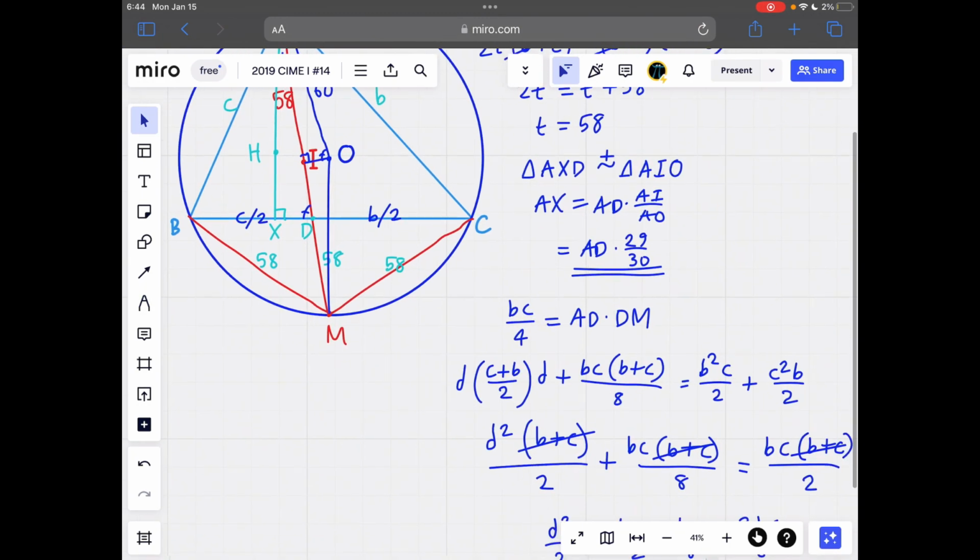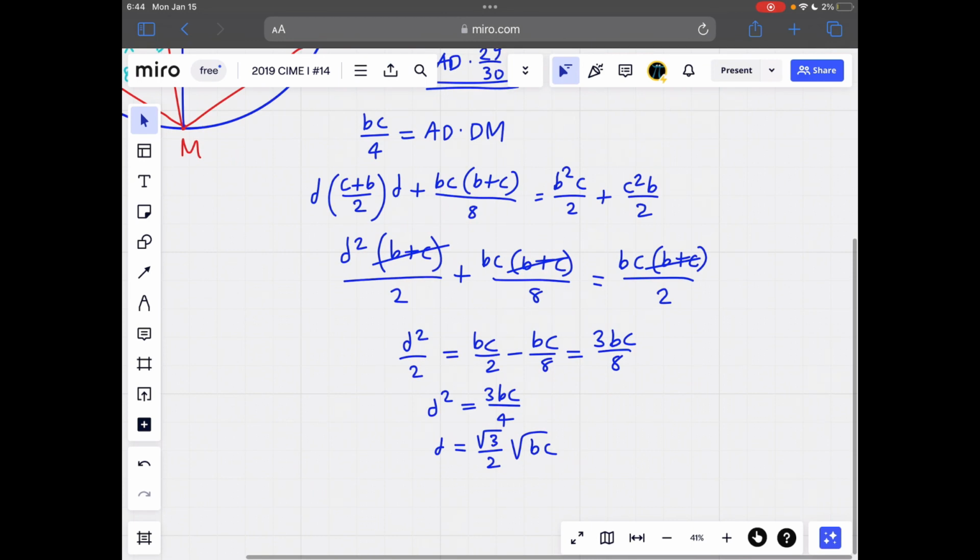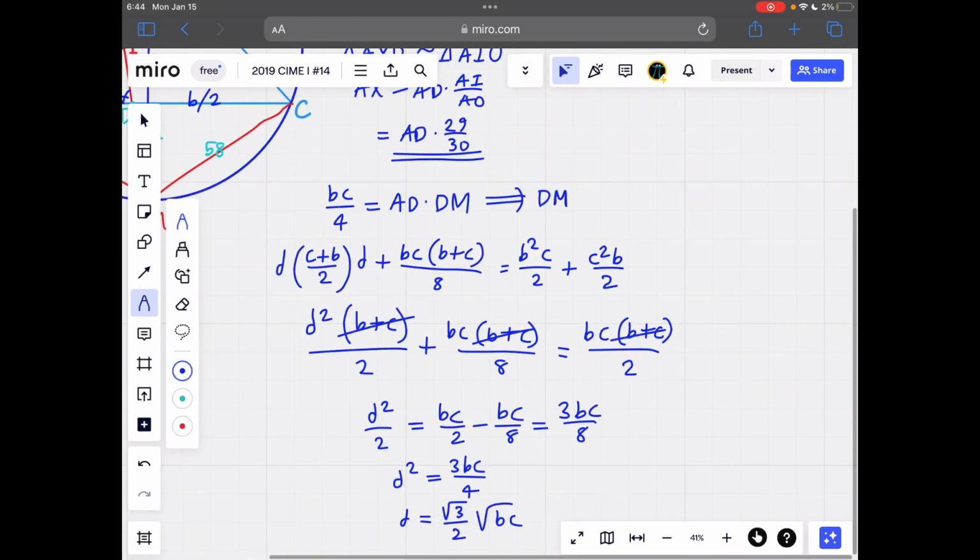Now, DM, well, remember that BC over 4 is equal to AD times DM. We know that DM is just BC over 4AD. That's just BC over 4d, which is BC over 2 root 3 times the square root of BC.